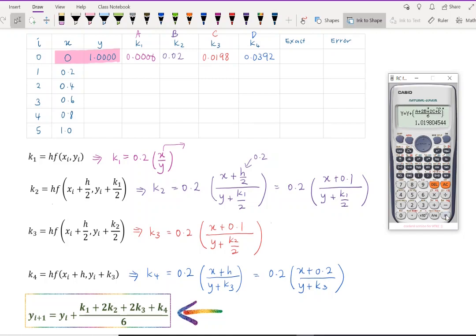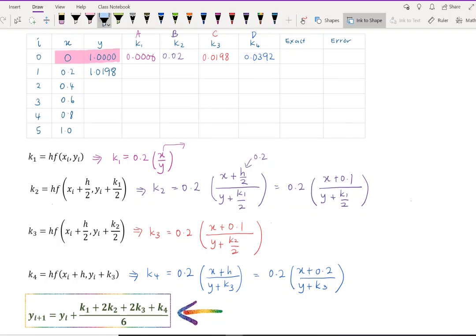So we got our new value for Y, which is 1.0198. Now for the second row, we have the data of X equals 0.2 and Y equals 1.0198.